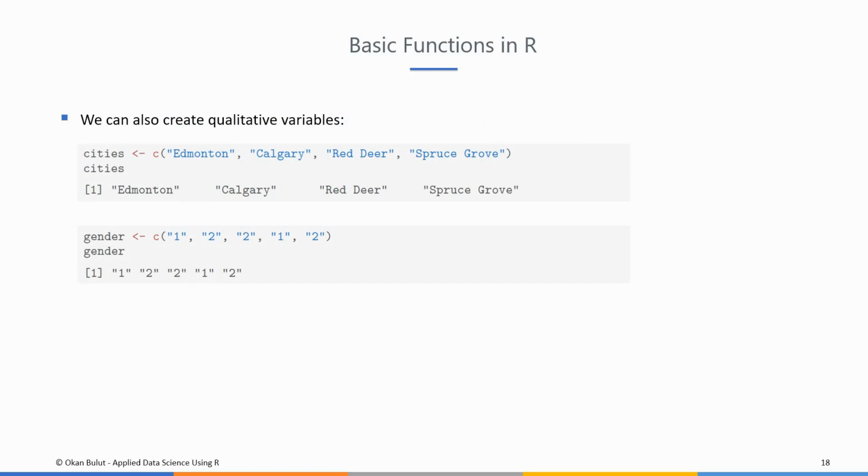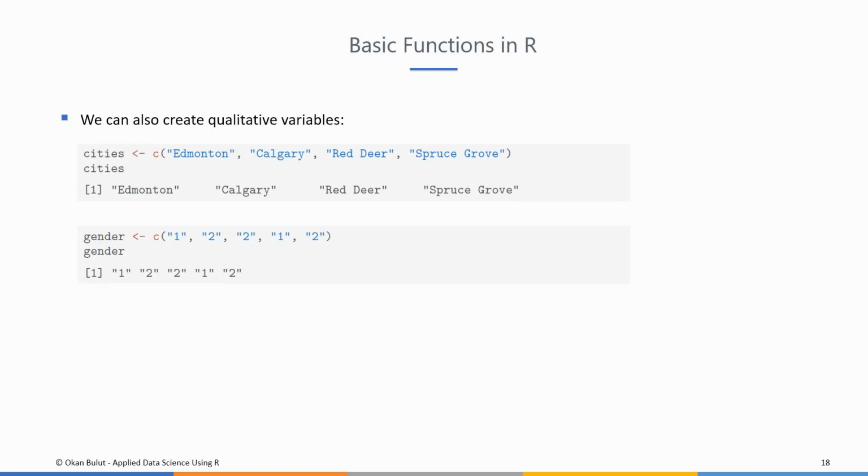So we don't necessarily have to create quantitative variables. We can also create qualitative variables like text, so like some categories. For example, I would like to define a new variable called cities. Cities hold a bunch of values: Edmonton, Calgary, Red Deer, Spruce Grove. So I can type them one by one.